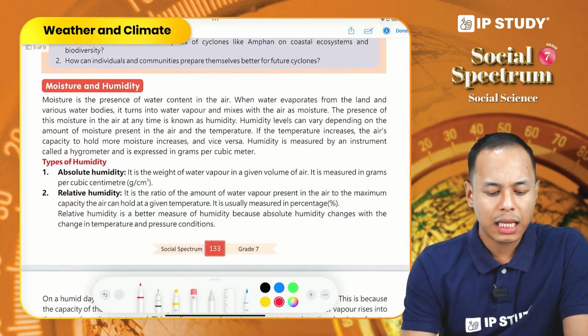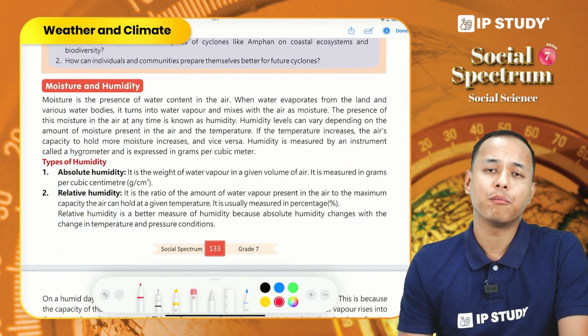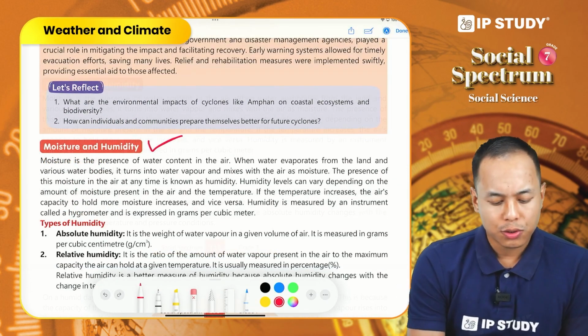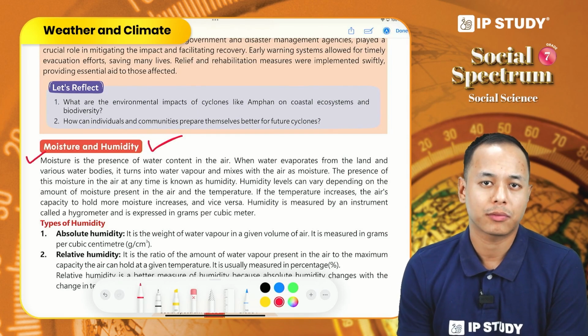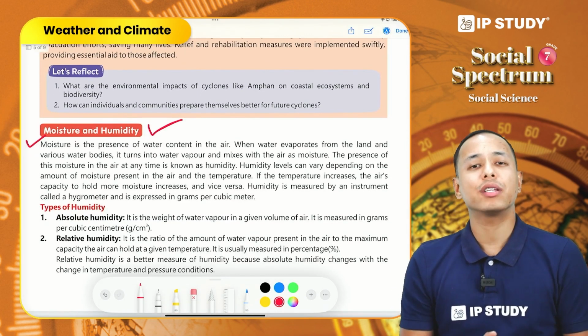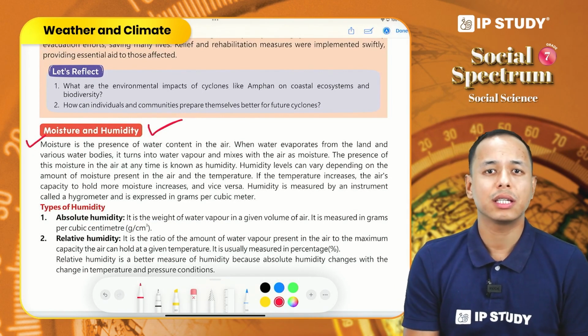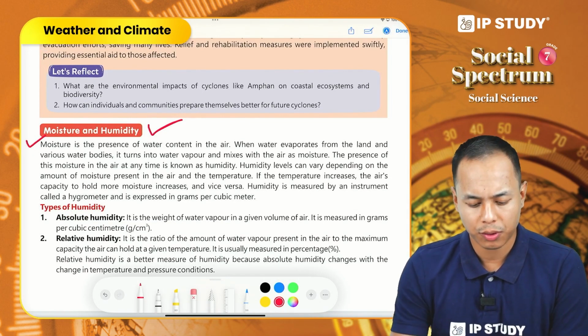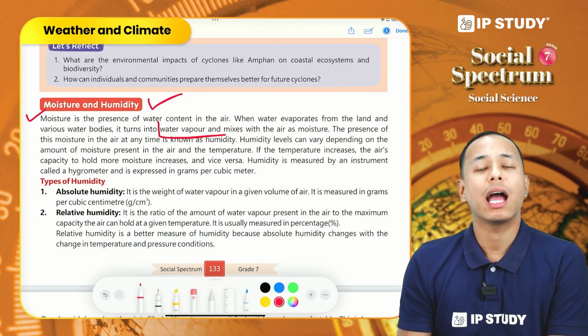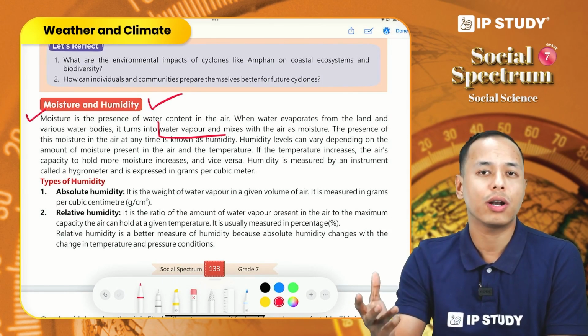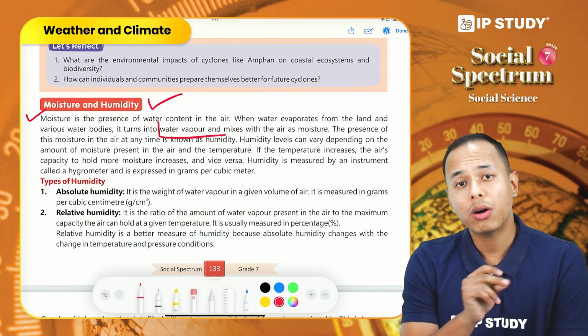So now let us come to the topic of moisture and humidity. Moisture is the presence of water contained in the air. When water evaporates from water bodies or land surface, it turns into water vapor, and this water vapor mixes with the air and forms moisture. Now comes humidity.